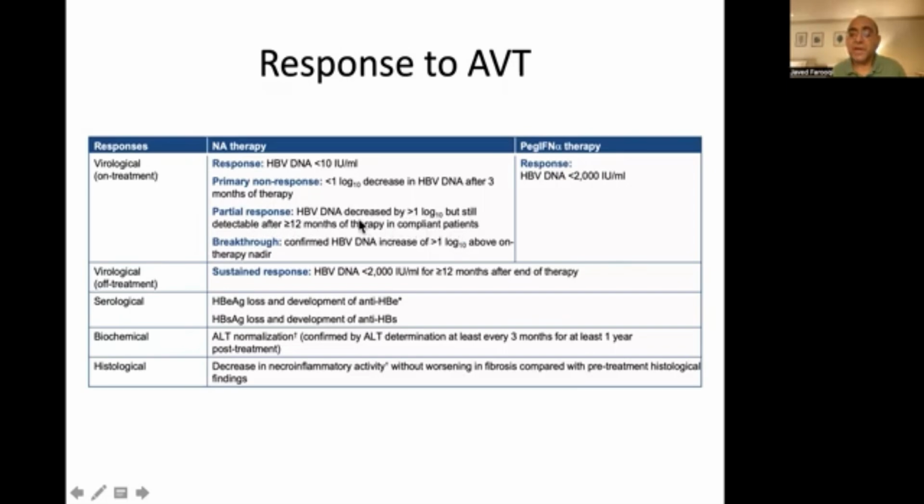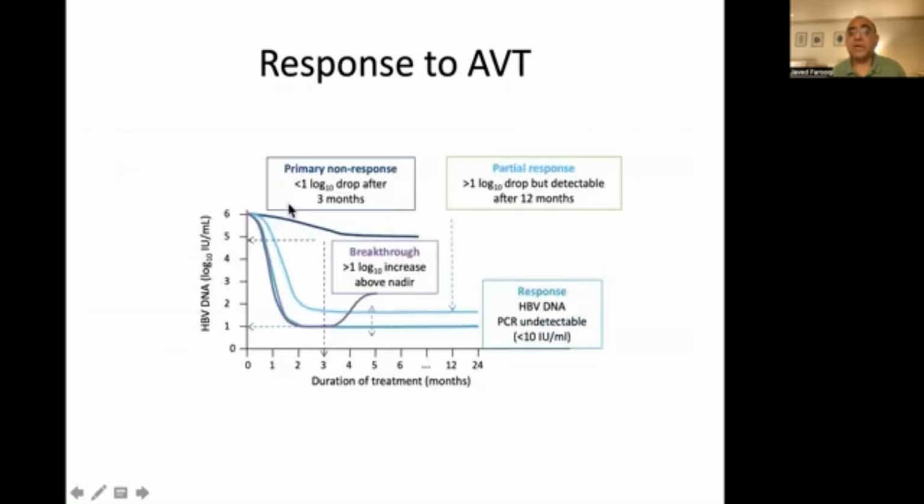The patient is taking drugs, 12 months of therapy has been completed, and there is a decrease of more than 1 log, but still the PCR is positive. So you call this a partial response. And there's a breakthrough response, which is a DNA increase of more than 1 log above the on-therapy nadir, and we will show this in the diagram over here.